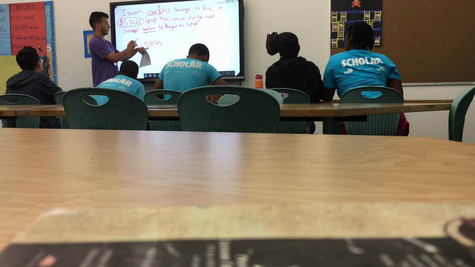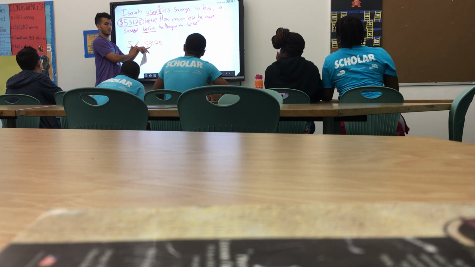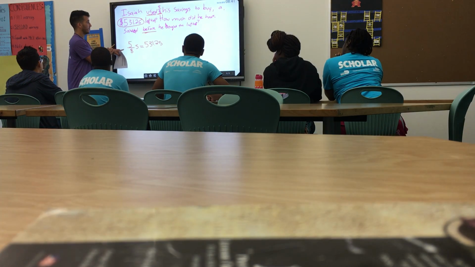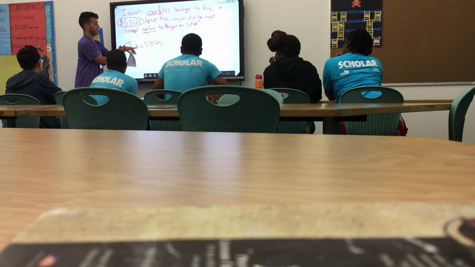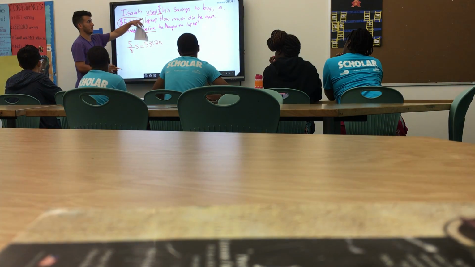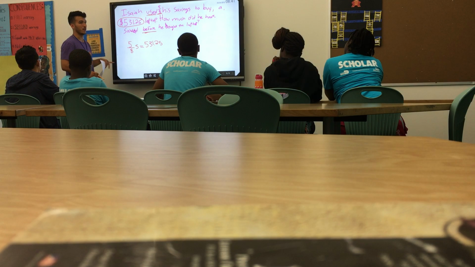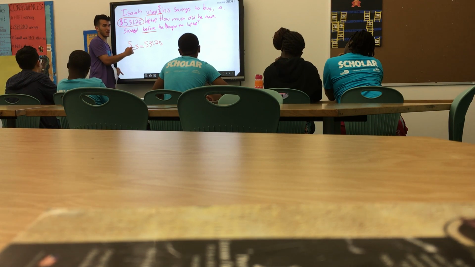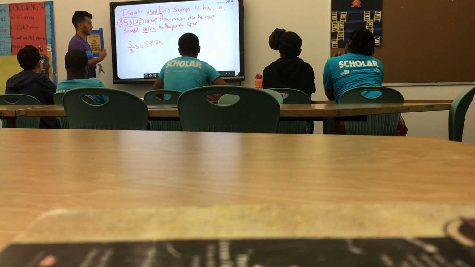So this is how much he spent. 5/8 S is equivalent to how much he spent because the problem tells us that's 5/8 of the savings. We're looking for S, which represents the total amount of savings.